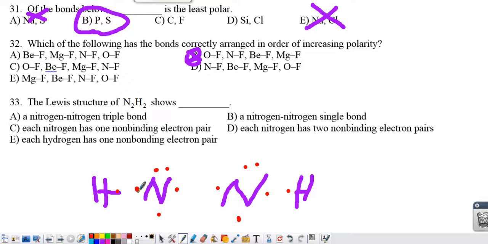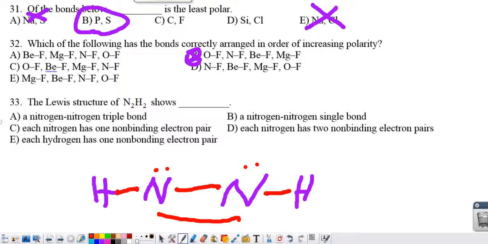Bond, bond, bond, bond. Shows nitrogen with a triple bond. Nope. Each nitrogen has 1 non-bonding pair of electrons. Yeah. Each hydrogen has 1 non-bonding pair of electrons. No. Nitrogen single bond. No, that's double.